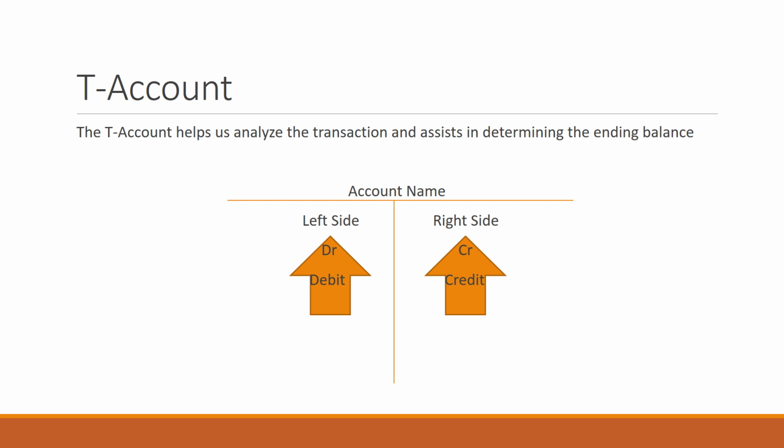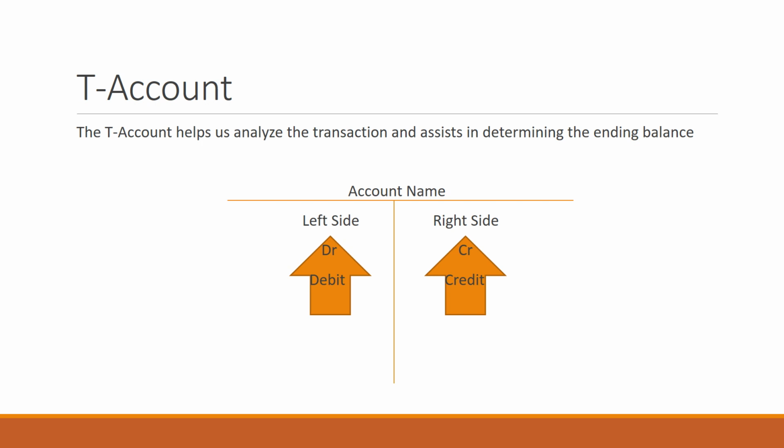Now let's take a look at the T accounts. T accounts help us analyze transactions and assist us in determining the ending balance. Now I'll be honest here, when I was an undergrad, I did not like doing T accounts. I saw it as extra work. I have to journalize these entries anyway. What's the point of doing a T account? Well, now that I'm on the other side of the learning desk, T accounts are fantastic.